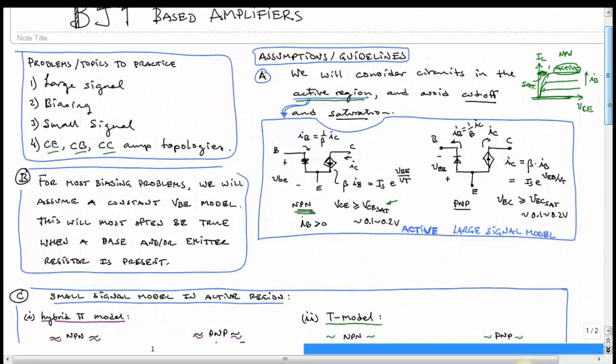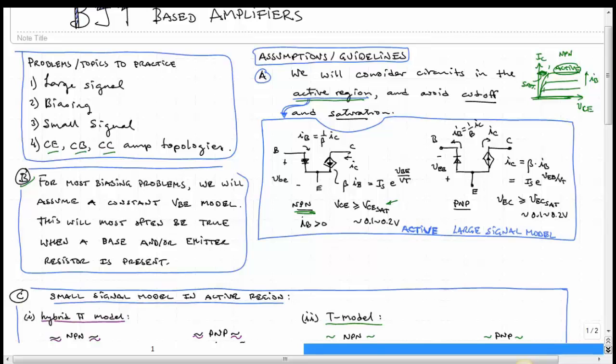Now for most biasing problems, in assumption B, we'll assume a constant VBE model. In other words, we'll not use the exponential relationship where the collector current is some scaling current IS times the exponential of VBE over thermal voltage.